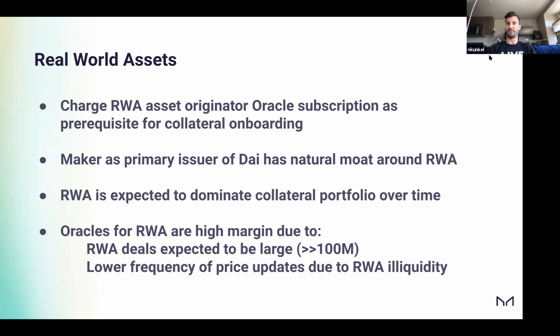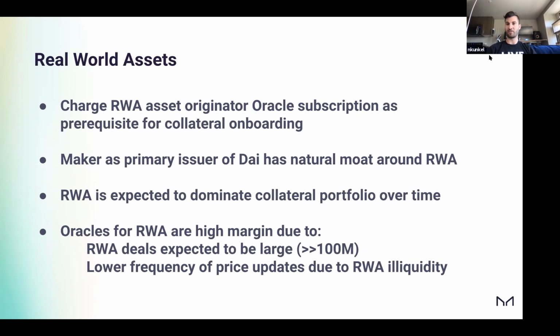If you want your real world asset onboarded into the Maker protocol, you need to pay us for oracles. That is the business model here. You are passing on the oracle costs to those that are going to benefit from the asset being onboarded into the Maker protocol, and those are the asset originators.